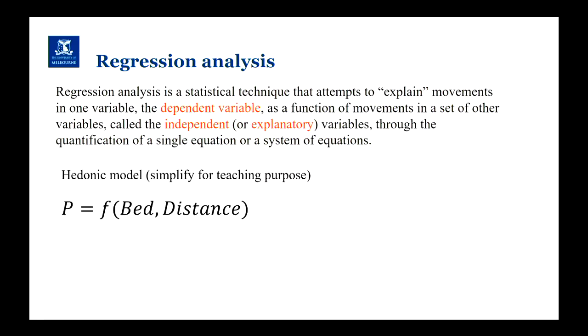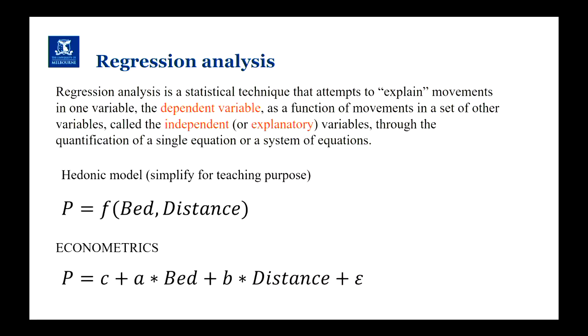The regression model can be expressed like this: the dependent variable, house price, is a function of maybe the number of bedrooms and distance to the train station. Let's just simplify for teaching purposes. Of course, it's a function of more factors.